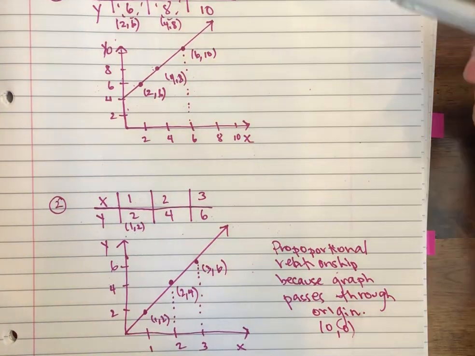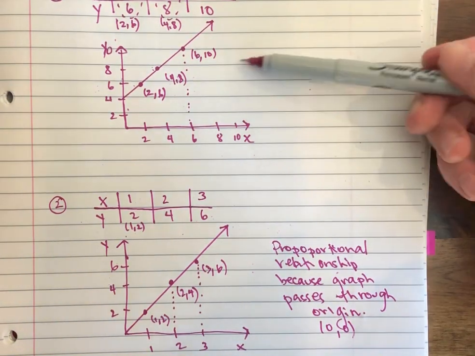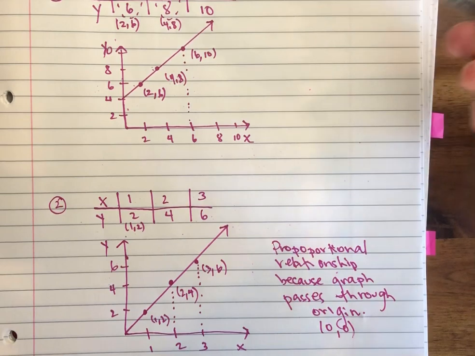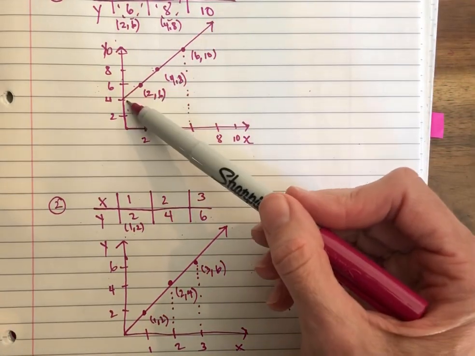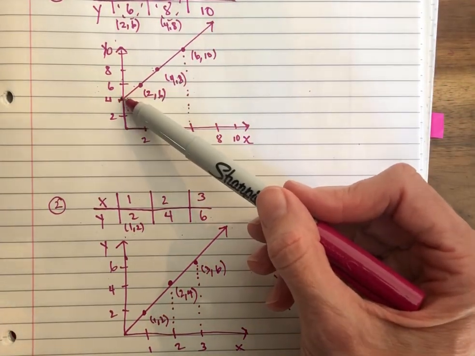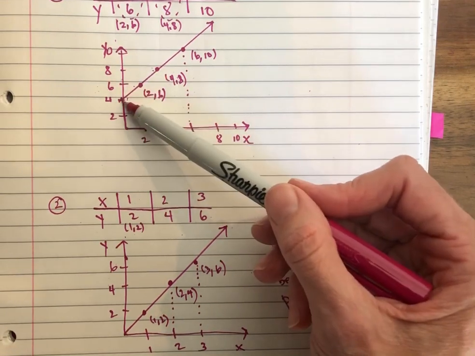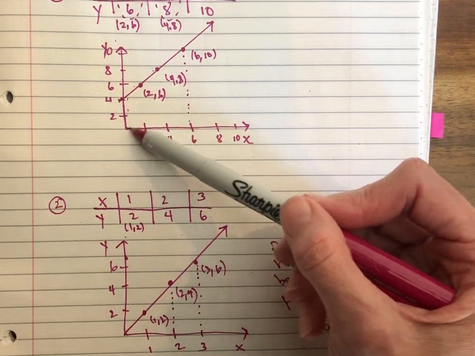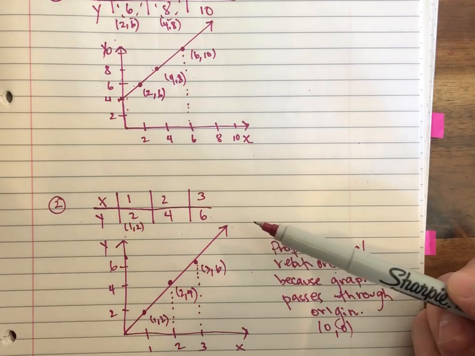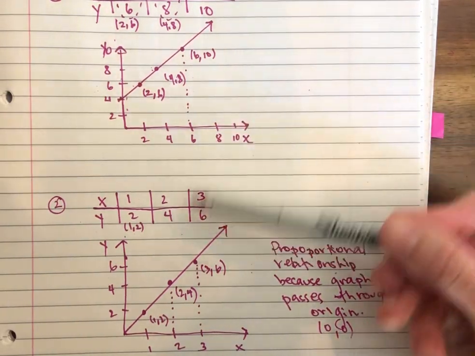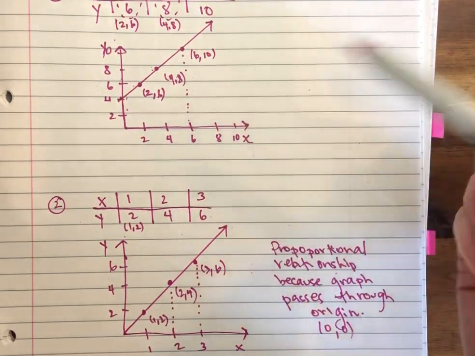Okay, and then we would use the same reasoning here for why this is not proportional. When I extend this graph, the y-intercept, in other words, it hits this y-axis at 4 and it doesn't pass through 0, 0. So that's how we can tell just by looking at it that this is not proportional.